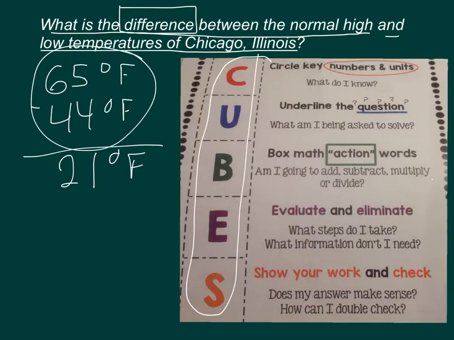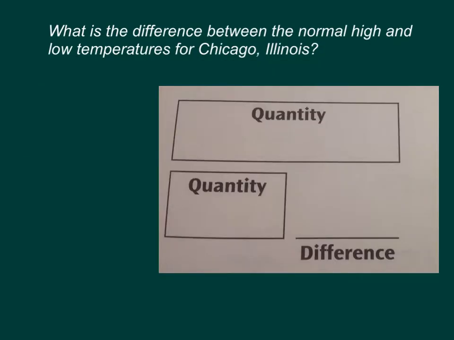Now, how can we check this answer? Well, we know that 21 plus 44 will equal 65. That's one way of checking. Boys and girls, we could also use this quantity difference diagram to help us organize our answers to this problem.